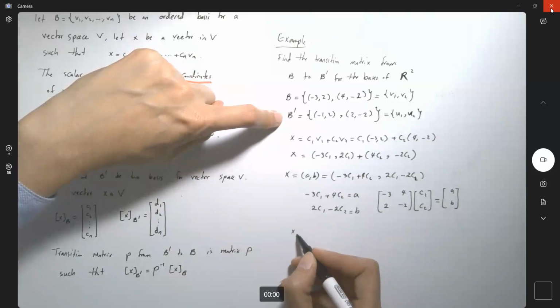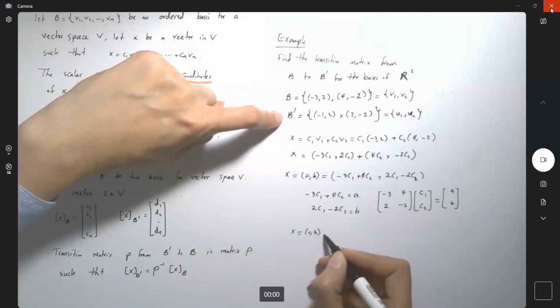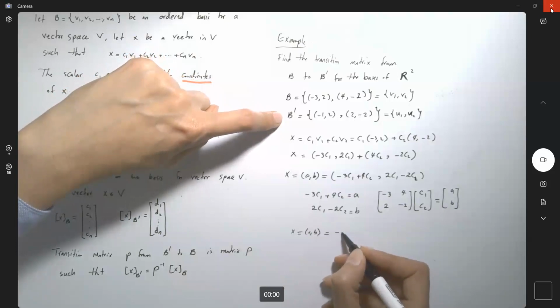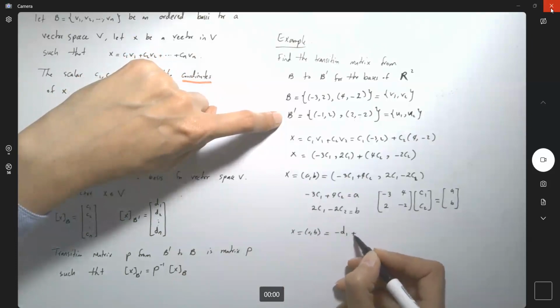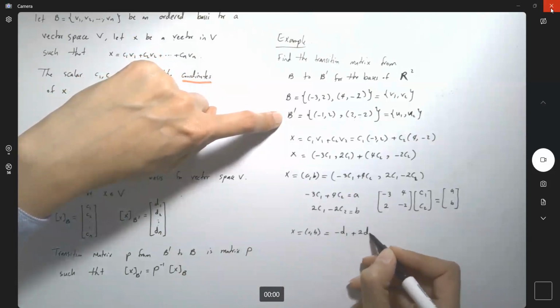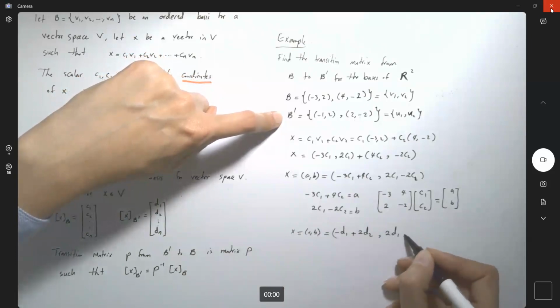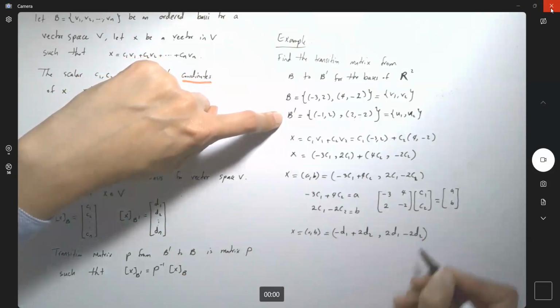In this case, x is (a, b), which is written as d1 times (-1, 2) plus d2 times (2, -2).